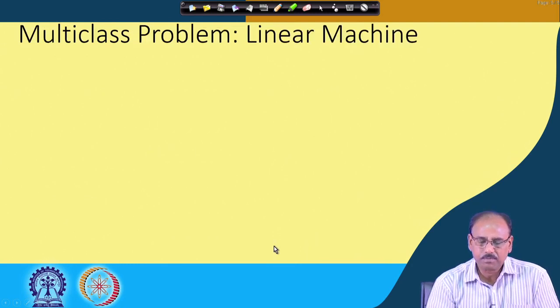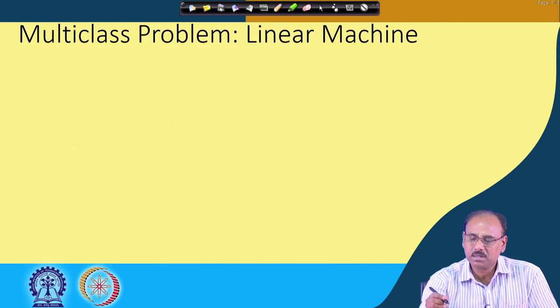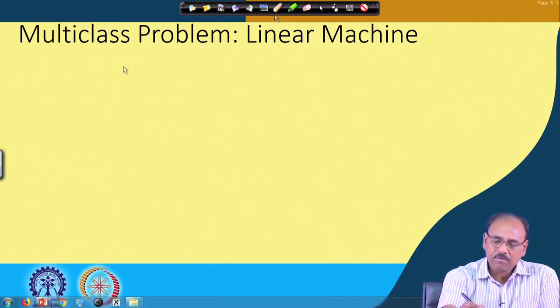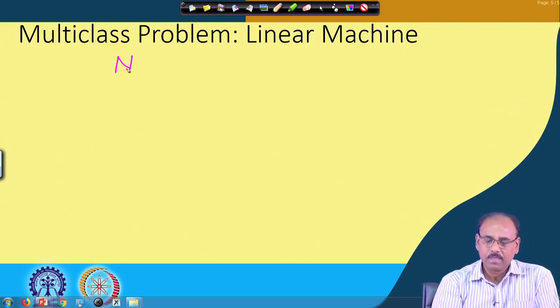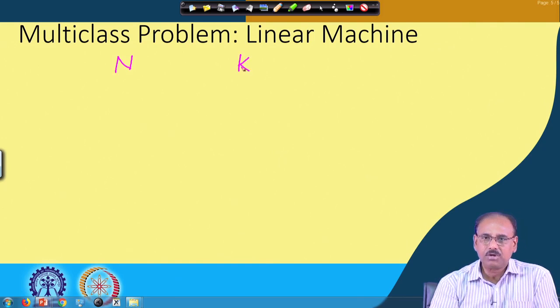So, in this case also, we assume that we are given a set of feature vectors for training purpose. In a multi-class problem, yi will not take only two values now, because we have multiple classes. So, suppose I have n feature vectors and k categories or k classes.